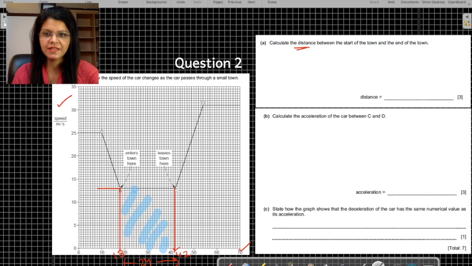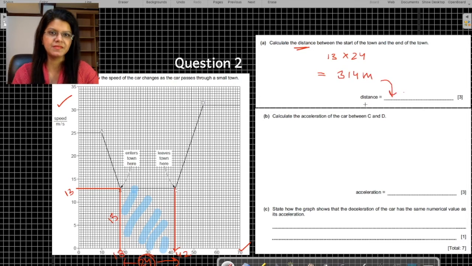The height is given here by this number. The height is 30. So you know the height, you know the width. So how much is the distance? 13 multiplied by 24. This gives you the distance of 314 meters. So this is the answer here.